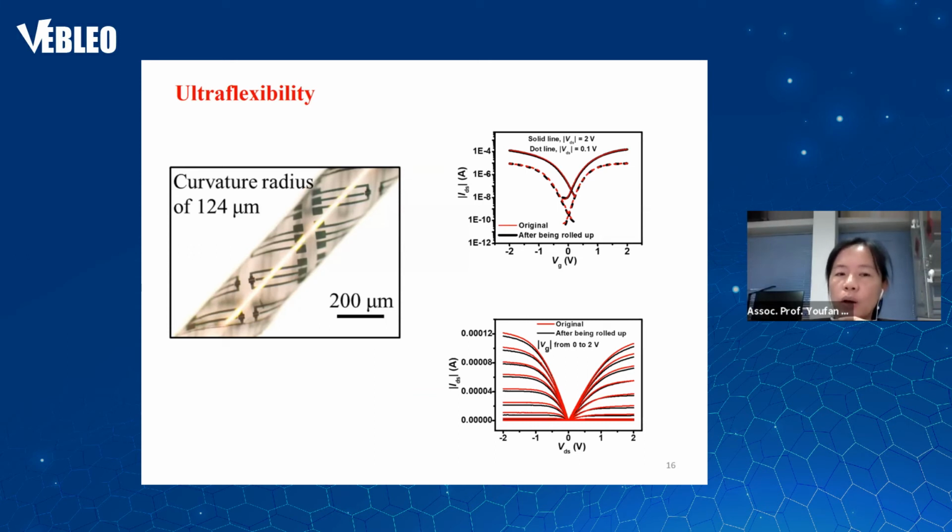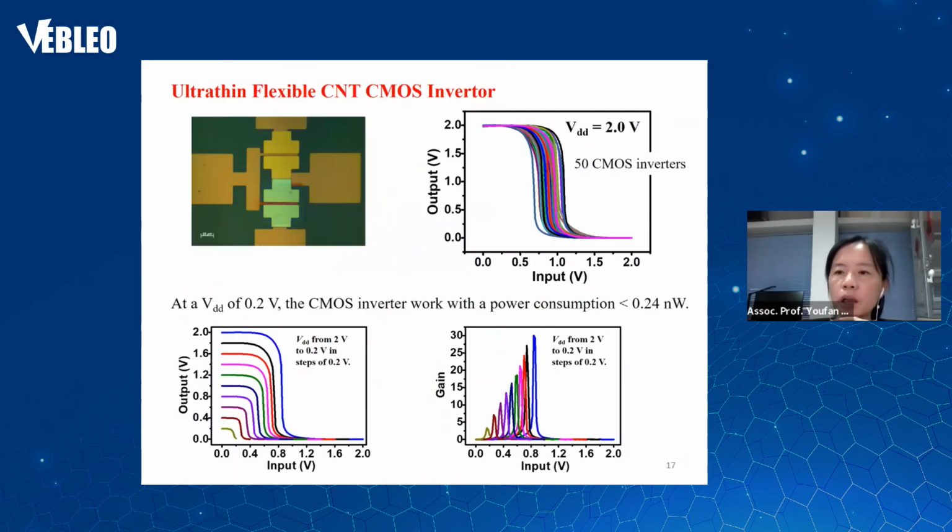And when you just bend it, there is no change of the device's performance before and after the mechanical deformation. And as we show, the device has very matched properties between the P-type and N-type transistors.